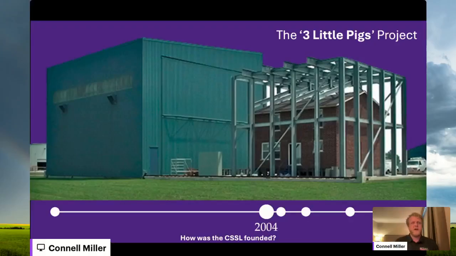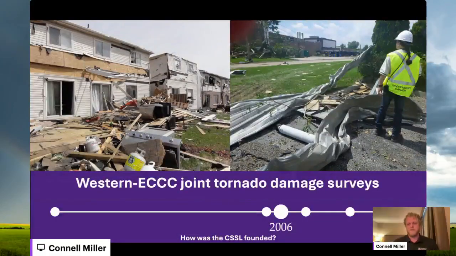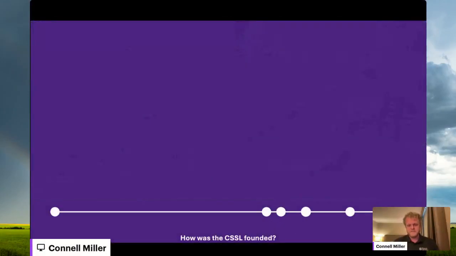And once we started doing that, we realized we needed to actually go out in the field and see where these storms were being impacted. So we started working with Environment Canada at the time in 2006 to do these joint tornado damage surveys so we could start gathering field data that supplements what we were trying to model in the lab here.